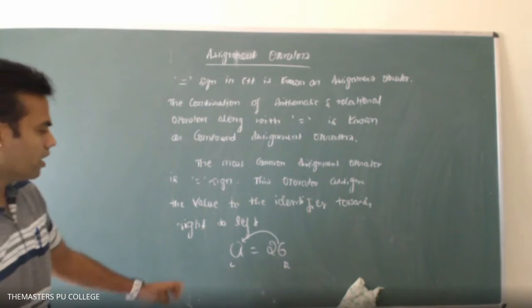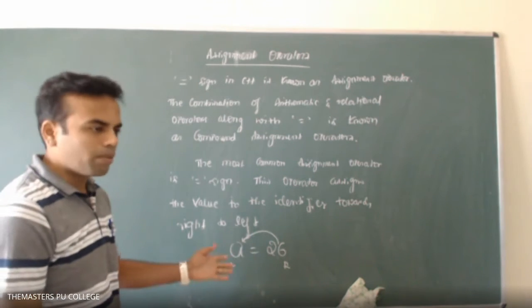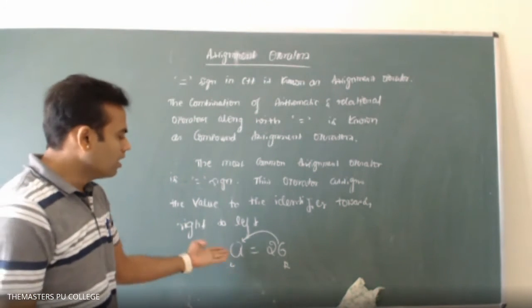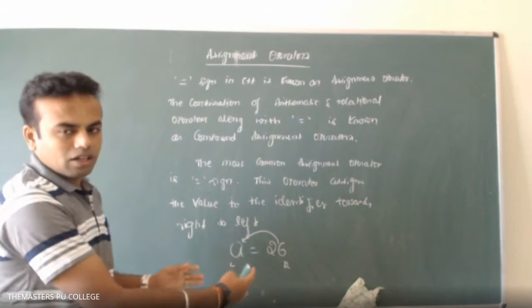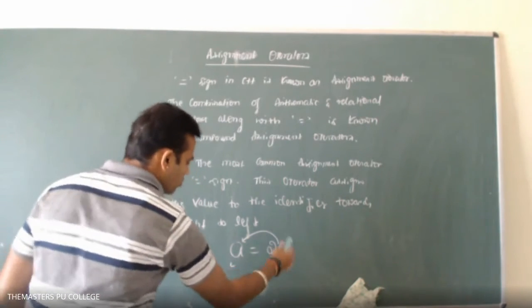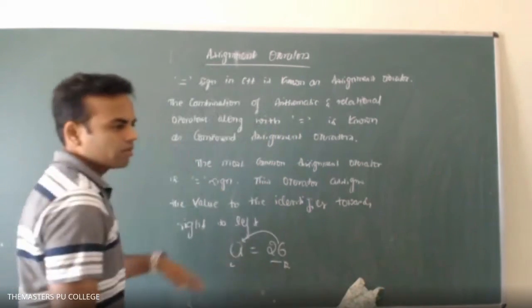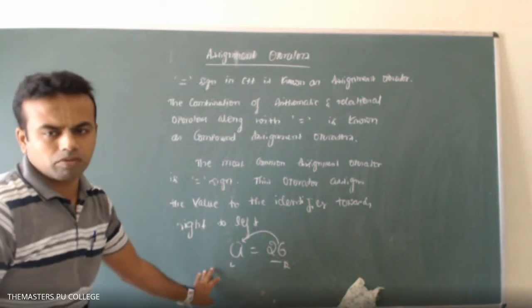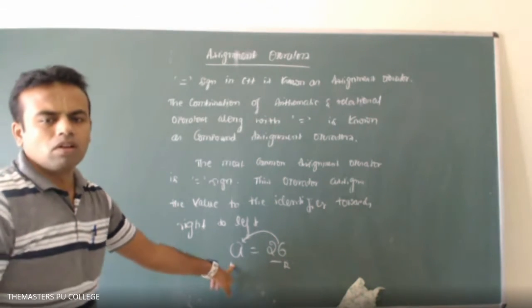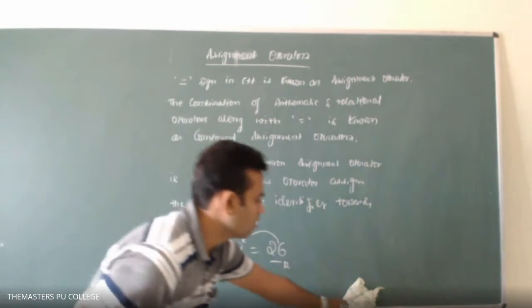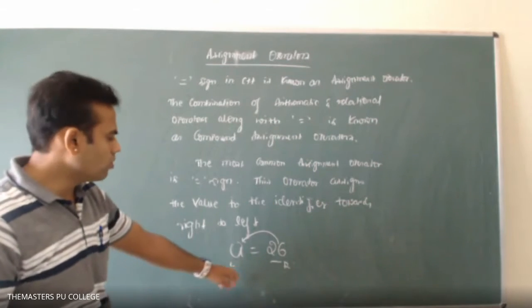Don't get confused. Right to left does not mean it is going from here to there physically. Whatever the value may be, it should be on the right side, the way we write it, and that will be assigned to the left side, the identifier. What is a here? Identifier. What is 26?